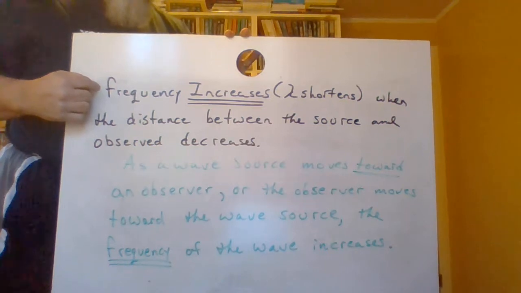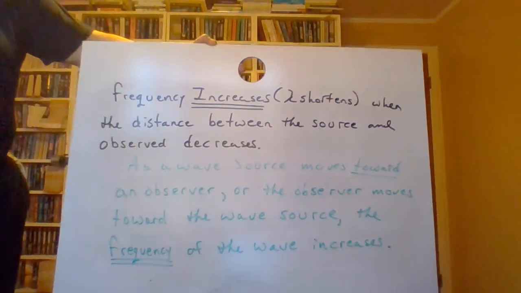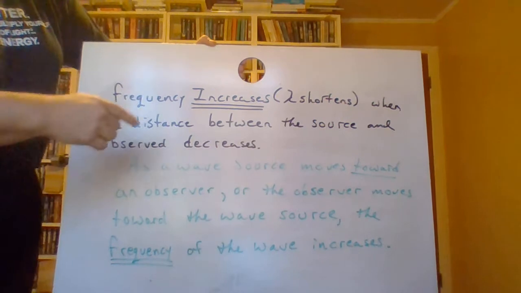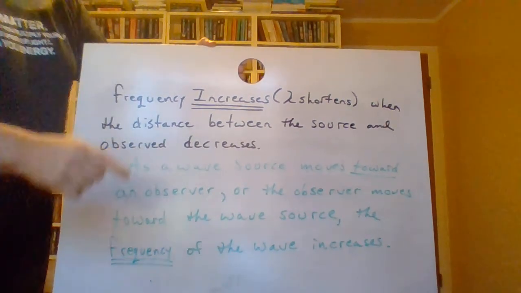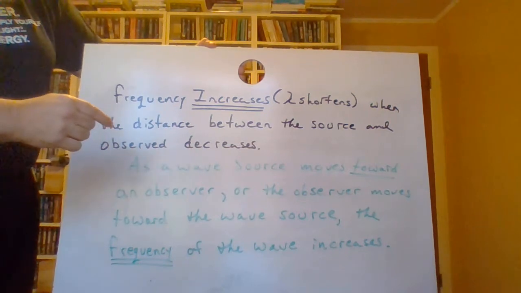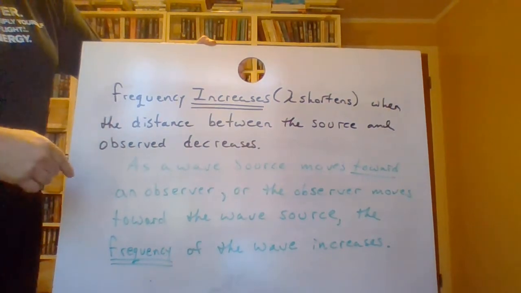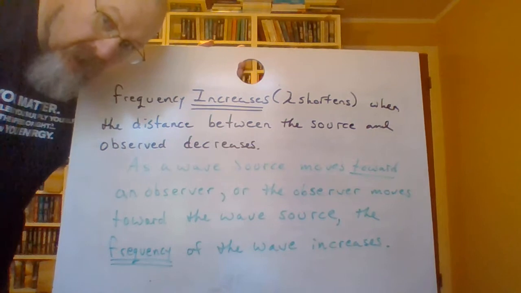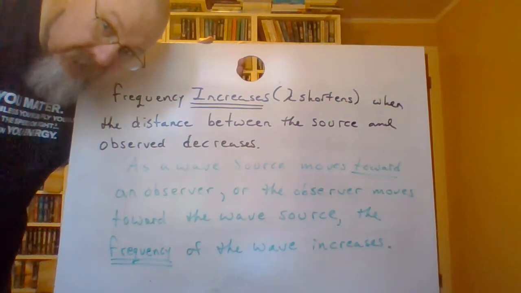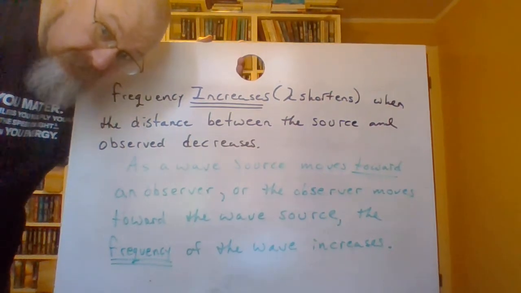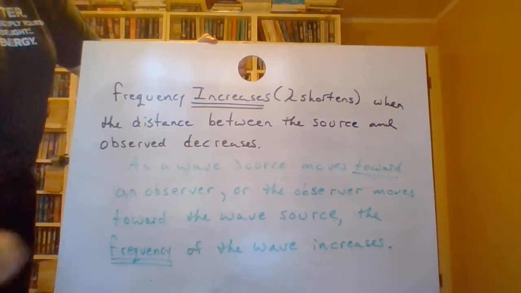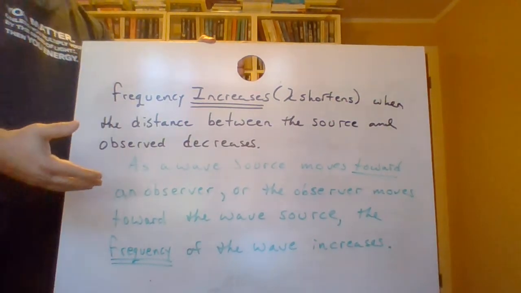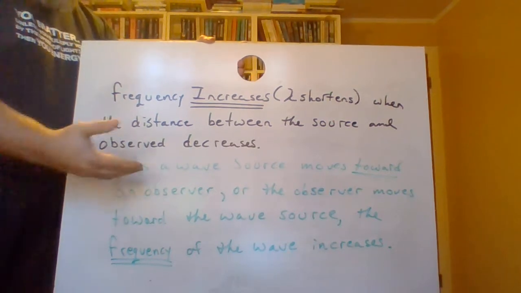So, as a wave source moves toward an observer, or an observer moves toward the wave source, or both are moving at the same time, then the frequency must increase. The amount of increase depends on how quickly that motion is happening.